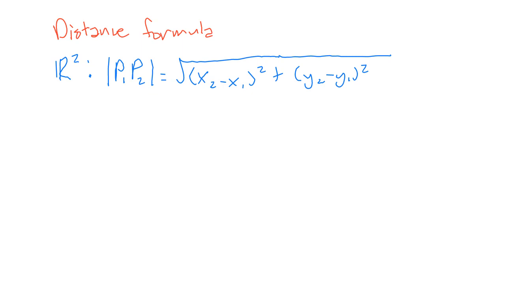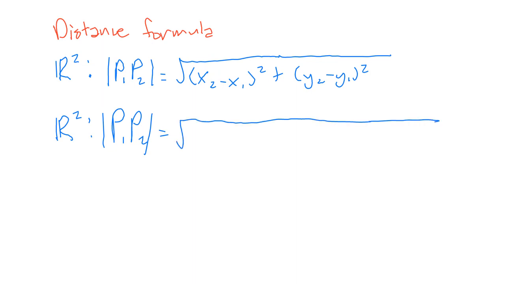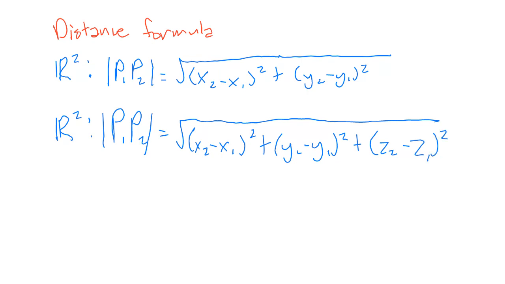Luckily, when we move to 3D, it's a very, very simple change. In 3D, our distance is now x2 minus x1 squared plus y2 minus y1 squared plus z2 minus z1 squared, all under a radical.